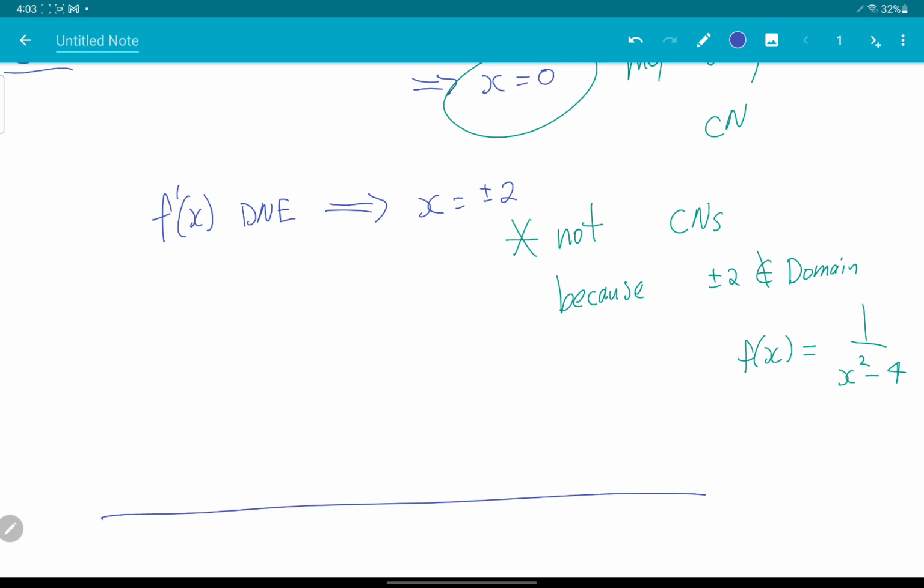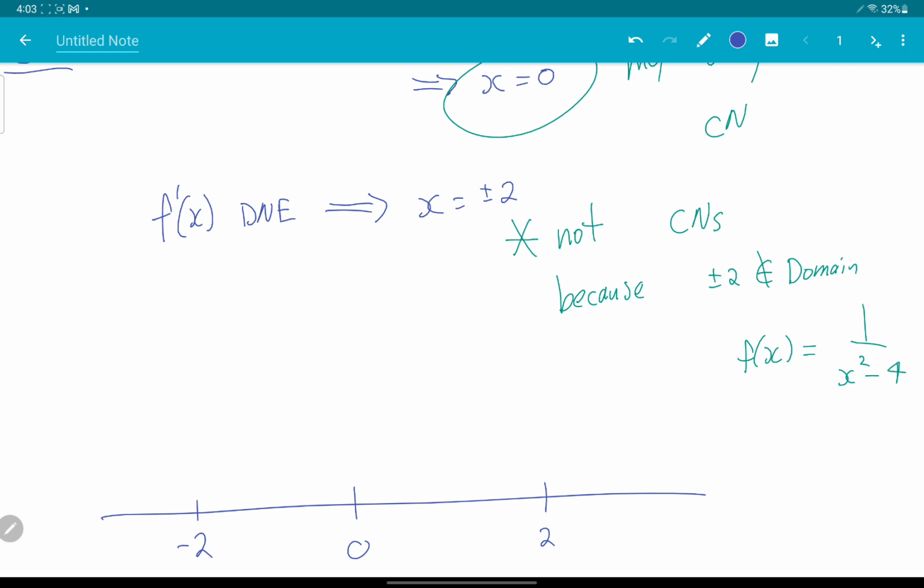Okay, so I do my number line, and I put my 0 there. Okay, a little curveball here. I'm also going to put my plus or minus 2. Okay, they're not critical numbers, but they are asymptotes. And intervals of increase and decrease.